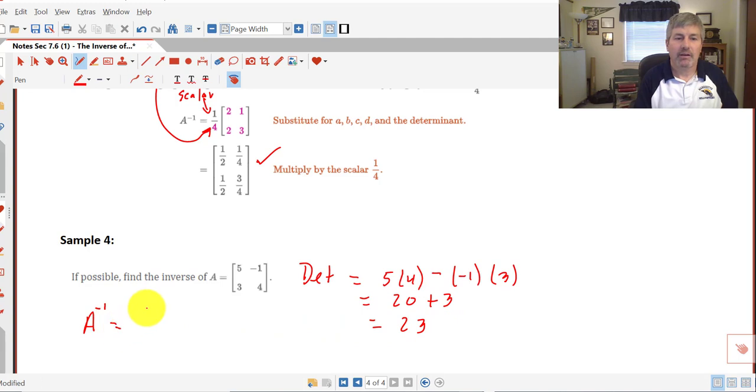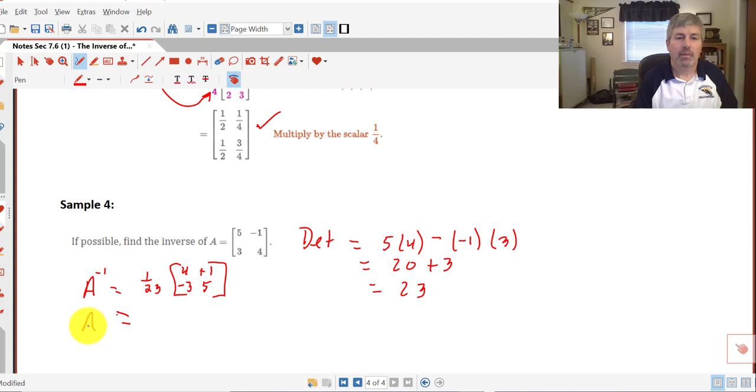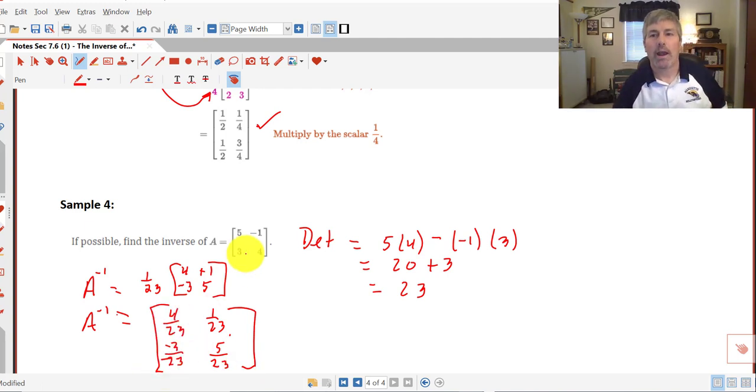Inverse of A is going to equal 1 over 23 times, flip my A and D values, take that 3 and make it negative, I take the 1 and make it positive, and I go ahead and scale my matrix, and we get 4/23, 1/23, -3 over 23, and 5 over 23. And that is our new matrix. And we'll get some more practice with this when I see you in class.